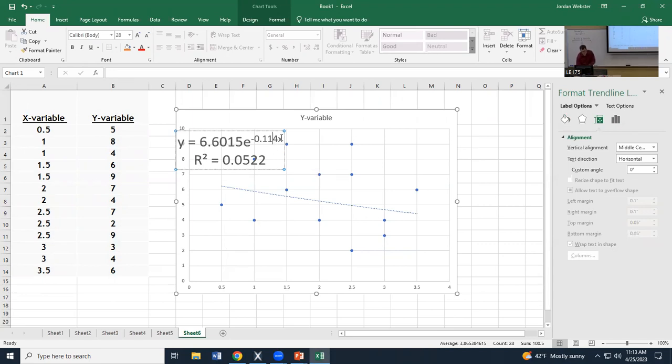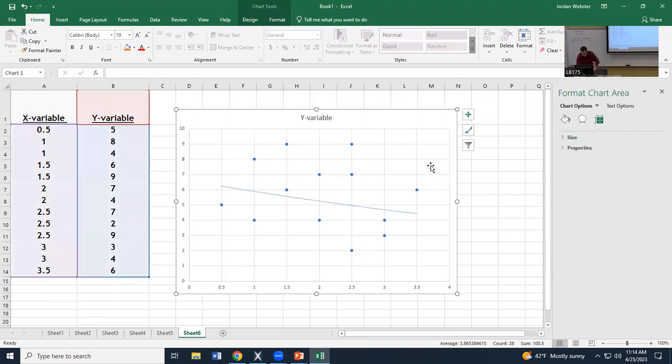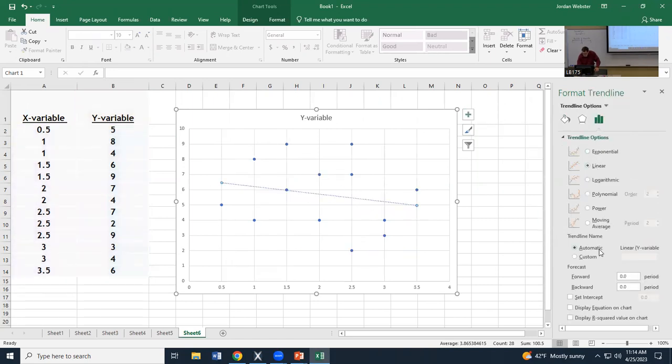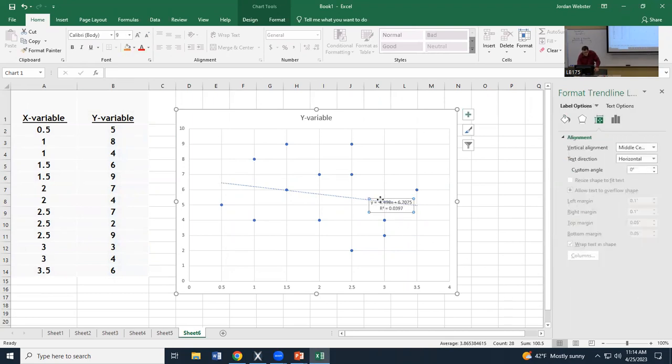By the way, just so we're all on the same page, if we asked for a linear trend line, the linear trend line is not going to have the same R squared number as the exponential trend line.